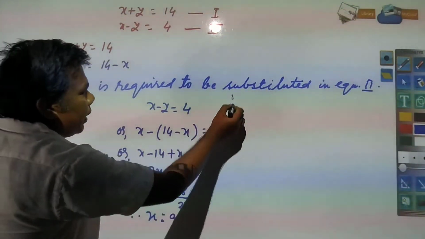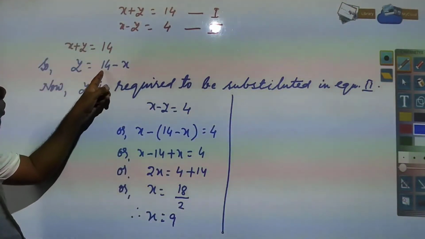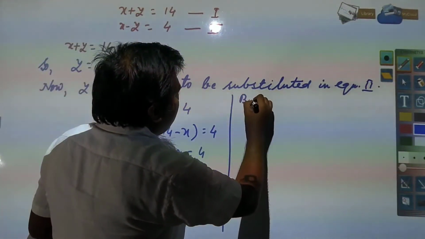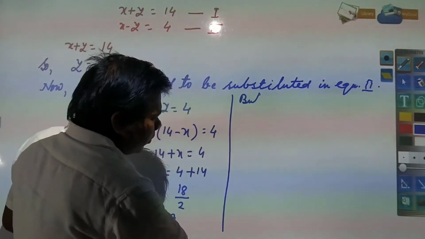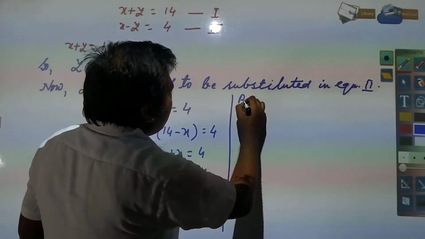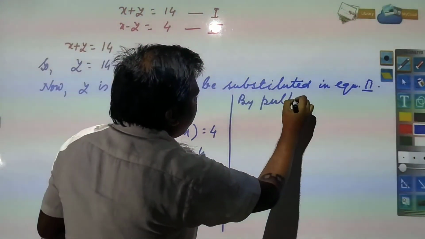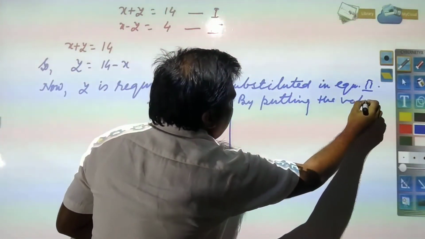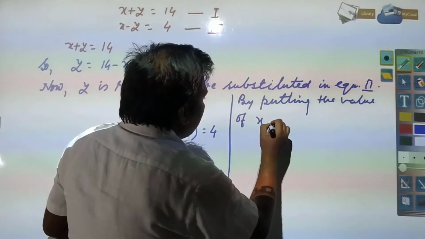Now you need to find out y. Just you see, y is equal to 14 minus x, by putting the value of x.